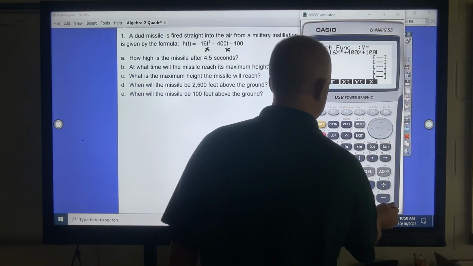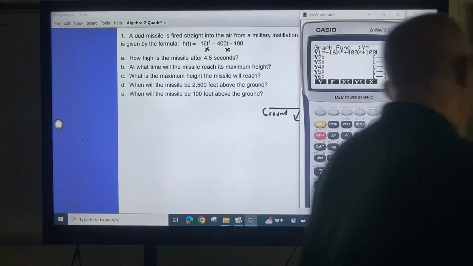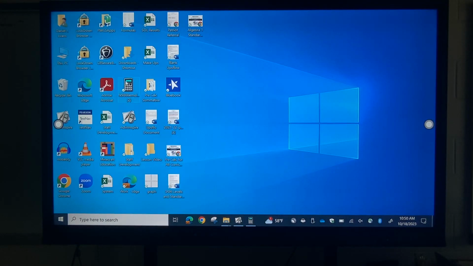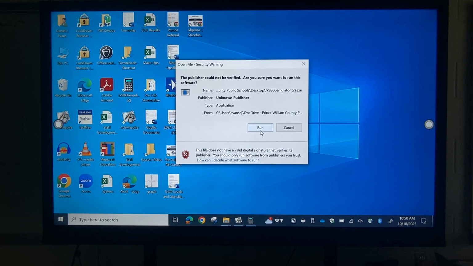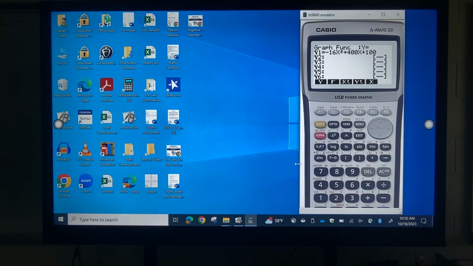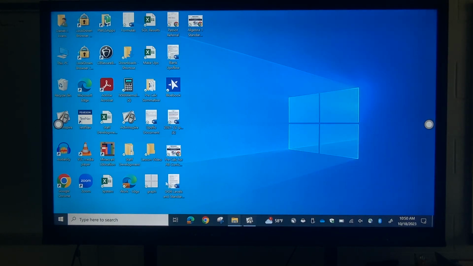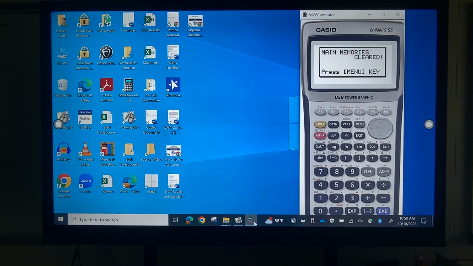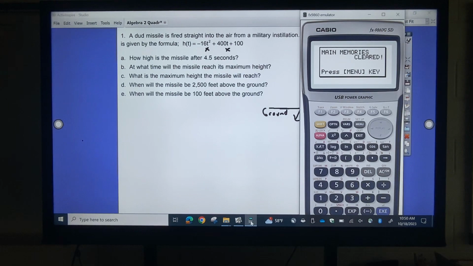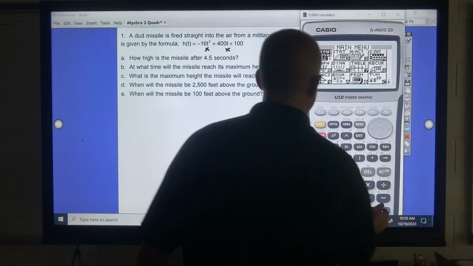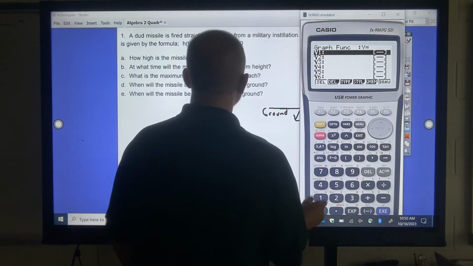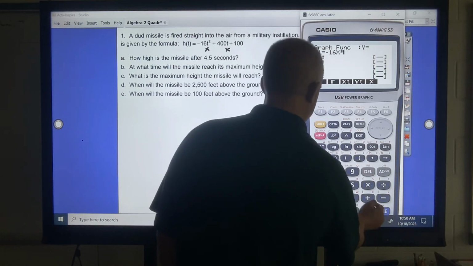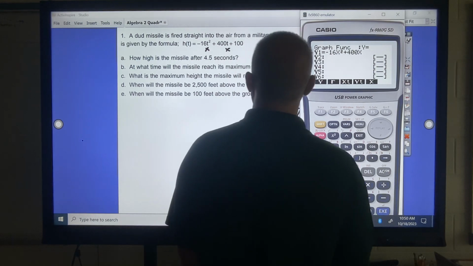All right, hit execute. Let's see if I can open that back up because that is really a pain. Yeah, that's better. Let me go back to the graph: -16x squared plus 400x plus 100.